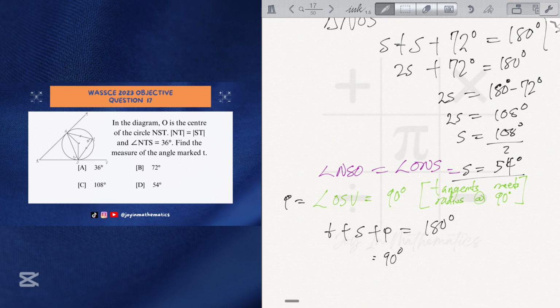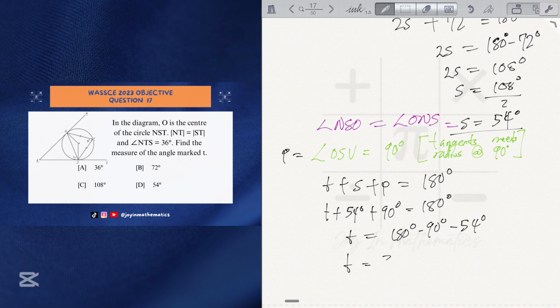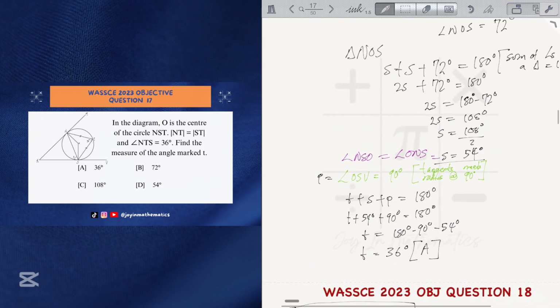S is equal to 54 degrees. Plus t, and this is equal to 180 degrees. So t will be equal to 180 degrees minus 90 degrees minus 54 degrees, and we will have t equal to 36 degrees, which is equivalent to option A.